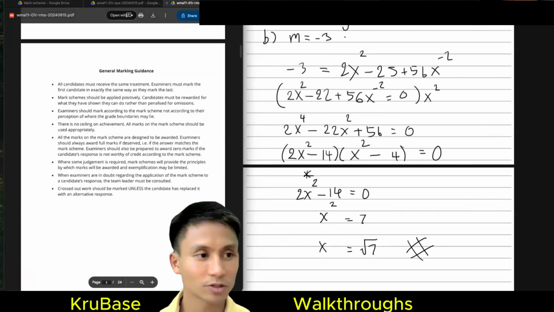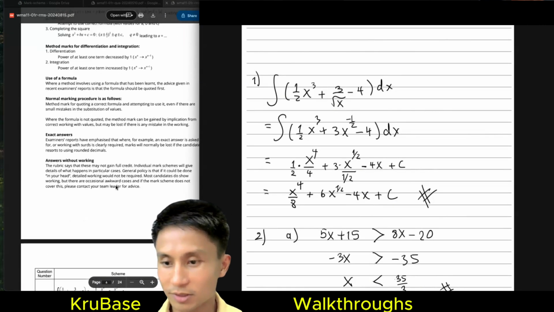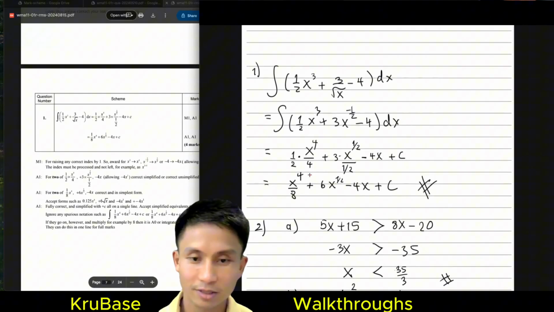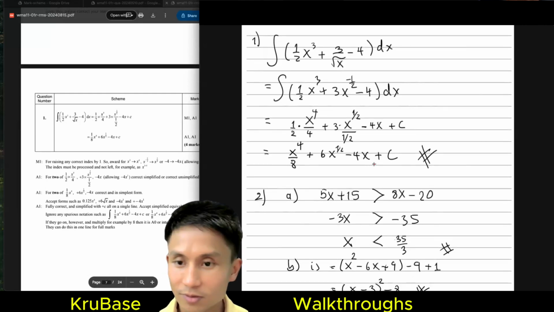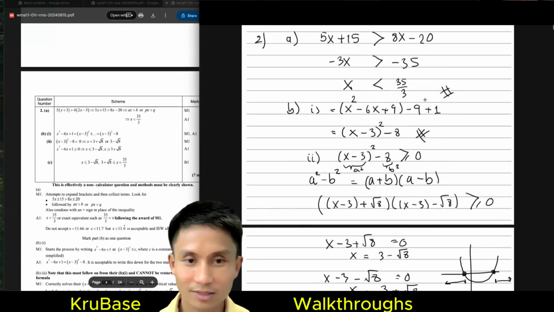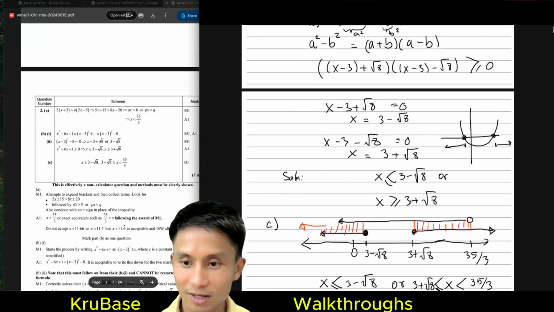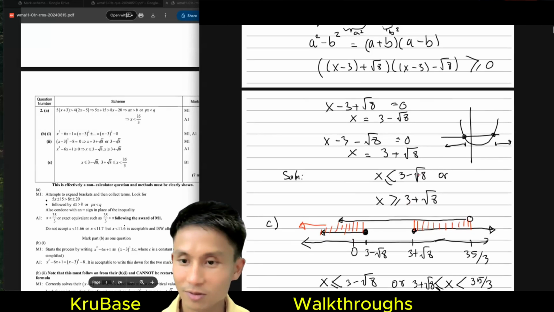So looking from question 1. Question 1, where is it? Here. Okay, so yeah, that's right. Looking at the answer already. This is right. X less than 3 minus root 8. Hang on.